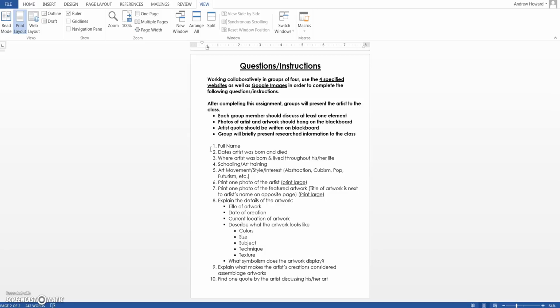That typed paper will also be your aid when you are presenting. So when you answer these questions, answer them in the way that you might want to say it when you are saying it to the viewers. The pictures should be nice and large so the viewers can see, and the information should all be very clear for the viewer. So your goal will be to answer these 10 questions appropriately.